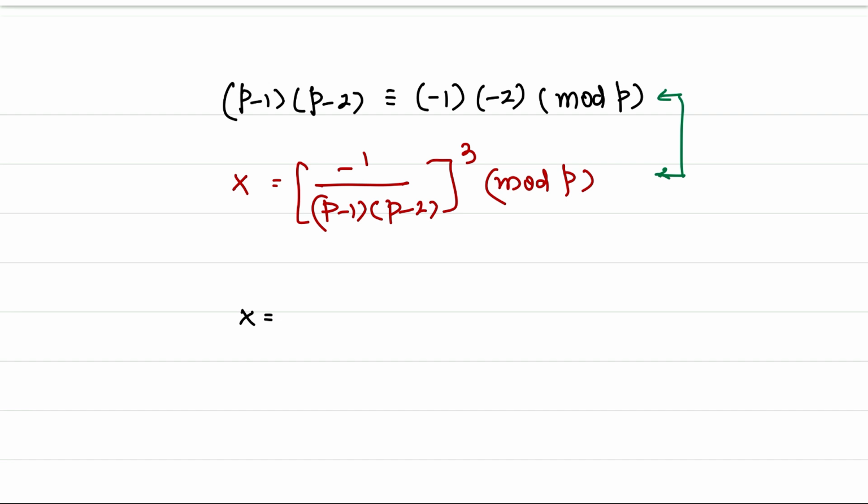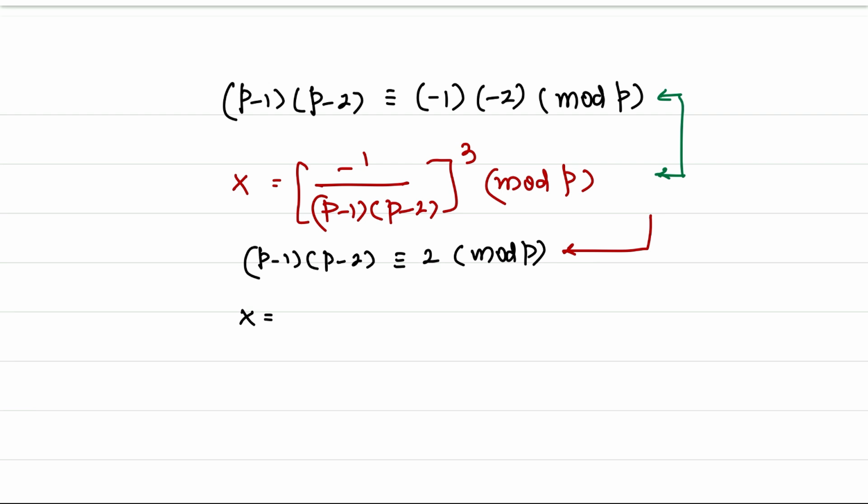That will be nothing but (P minus 1) into (P minus 2) equivalent to, minus 1 into minus 2 is 2. I am only doing ordinary math. This also we will connect. When we connect this, what happens? Minus 1 by (P minus 1)(P minus 2) can be replaced by 2.